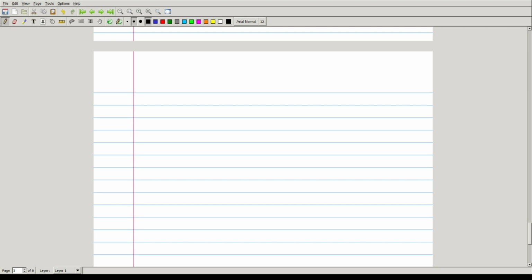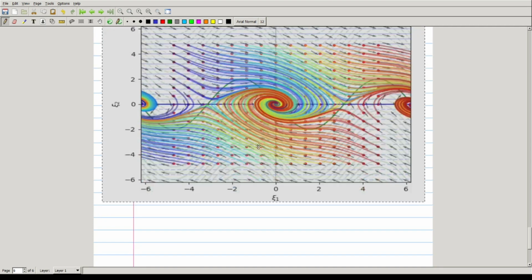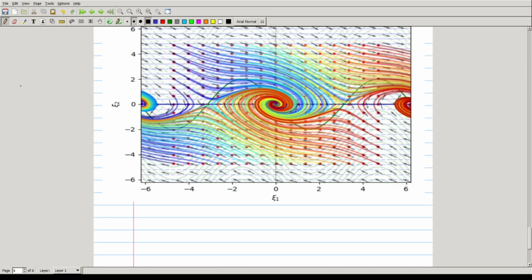If we open up and take a look at the simulation from the previous lecture, where we showed from the simulation and we proved using linearization that these even values of n are giving us asymptotically stable critical points. It's right here, right here, and right here.